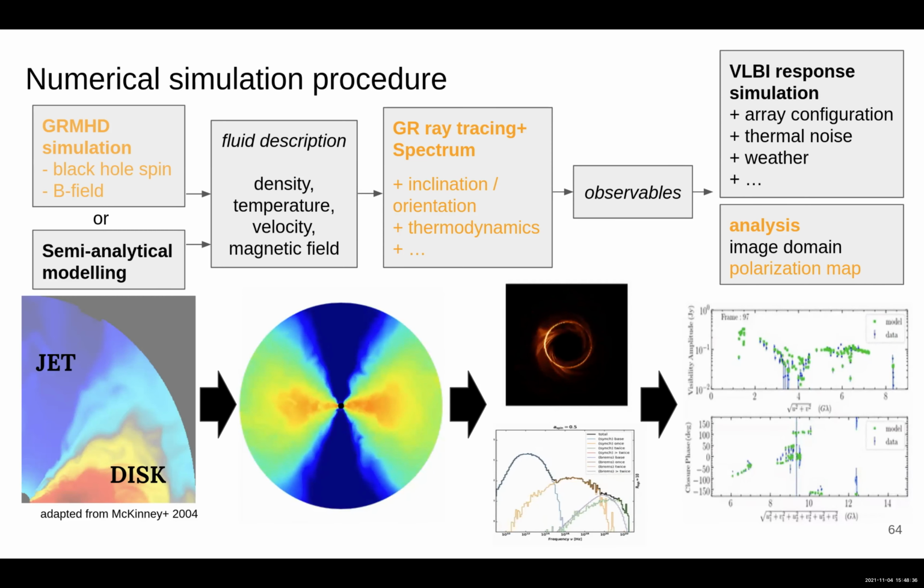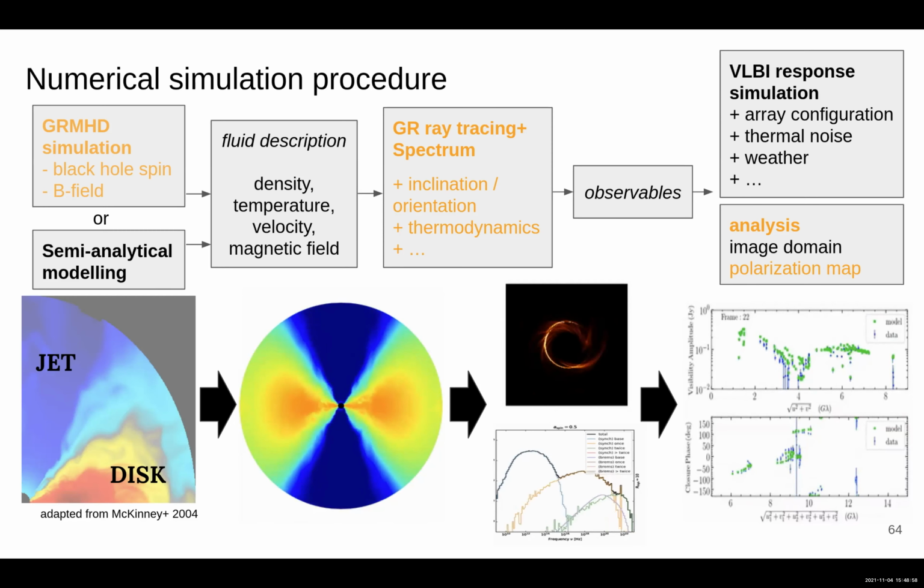So from images, you can calculate overall image integrated observables, like were used in the M87 polarization paper, right? So an overall zero baseline polarization or total flux, or all of these sorts of things, or as well simulate detector responses.